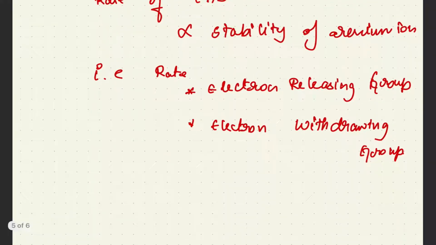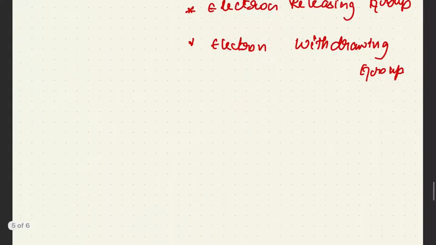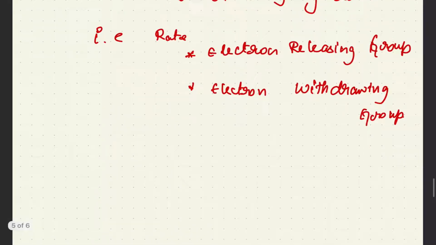And we have also seen about the rate, that is the electron releasing groups and electron withdrawing groups. To give you a rough idea, I'll give you the electron releasing tendency as well, in the further lectures.